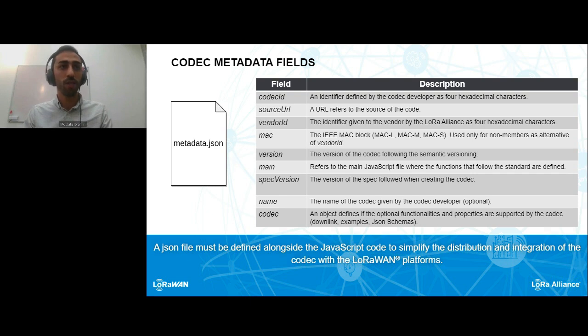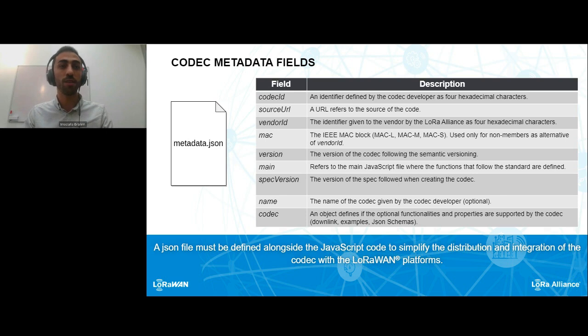Spec version is the version of the spec followed when creating the codec. Now we have only 1.0.0, the first version of the specification, but maybe in the future we need to add some properties or make some modifications to the specification, so the version will be increased.